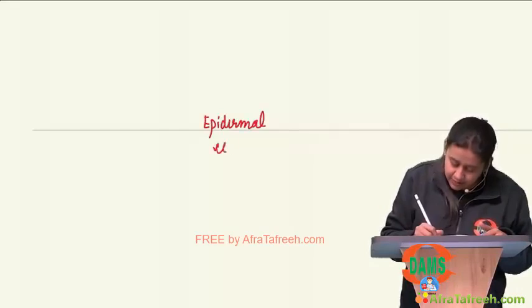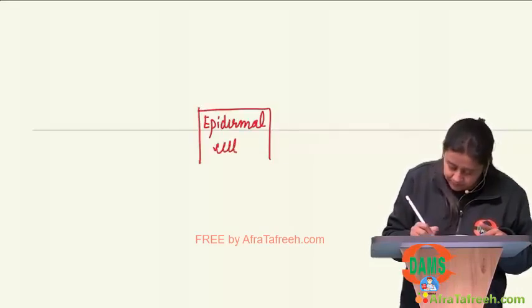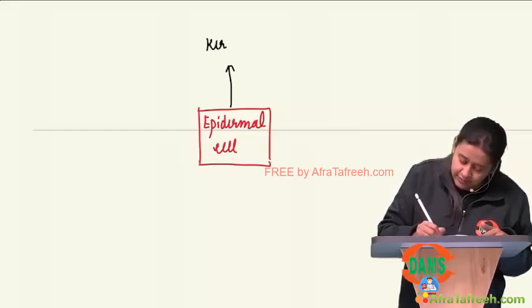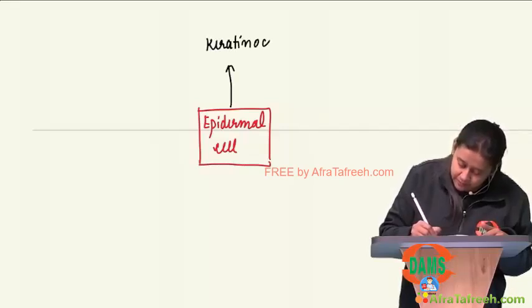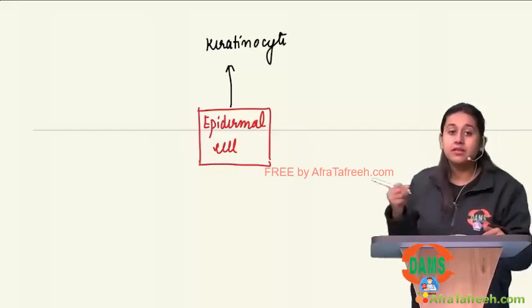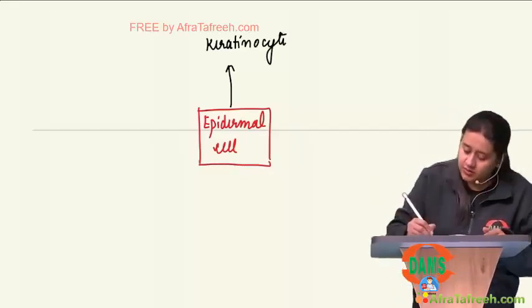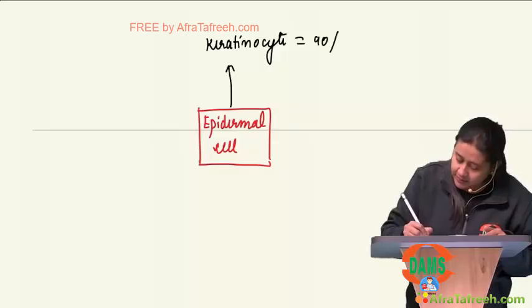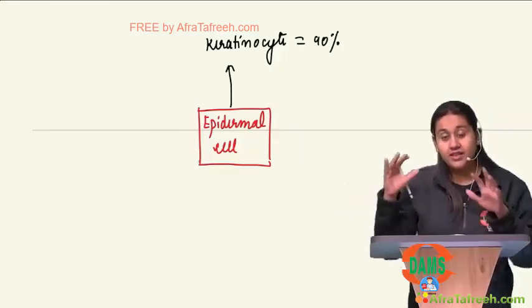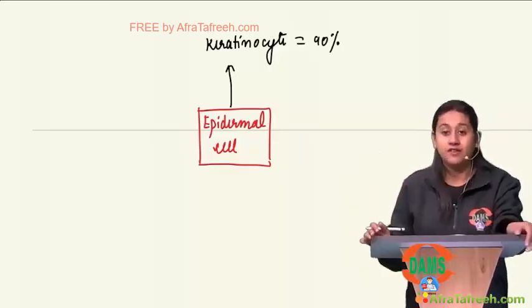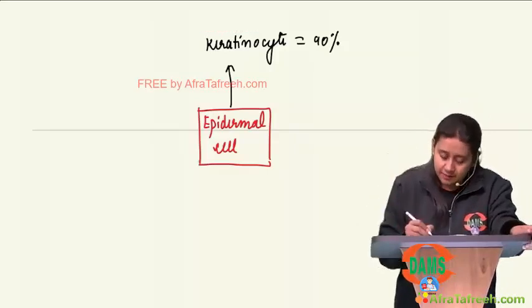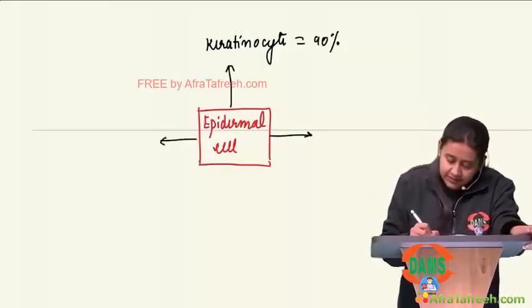What are the epidermal cells? One we already know, keratinocyte. Please remember, it constitutes 90% or even more, the majority component of our epidermis. But we do have other cells as well.